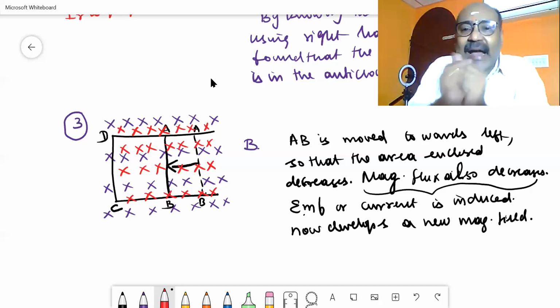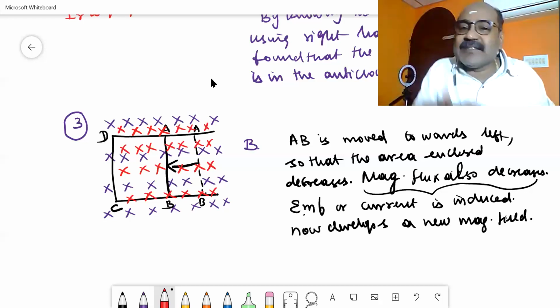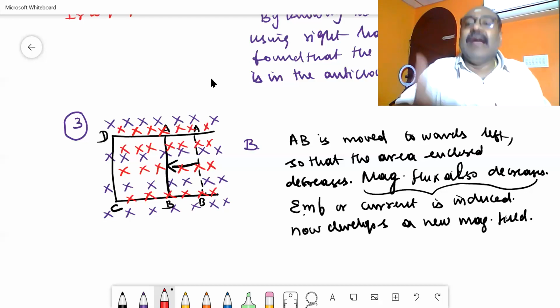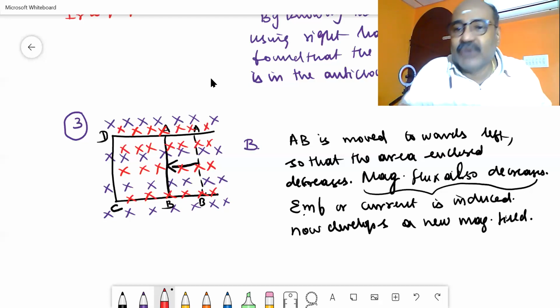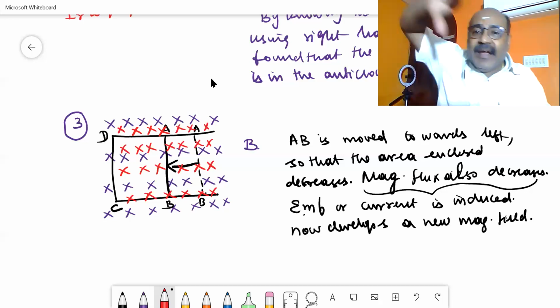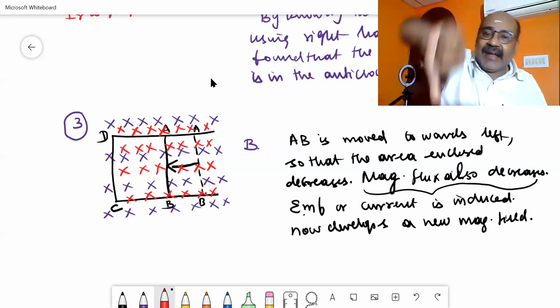So in what direction is the EMF or the current induced? By knowing the new magnetic field, I can say the direction of the EMF induced. What is the direction of the newly developed magnetic field? It is perpendicular to the paper and acting inwards.